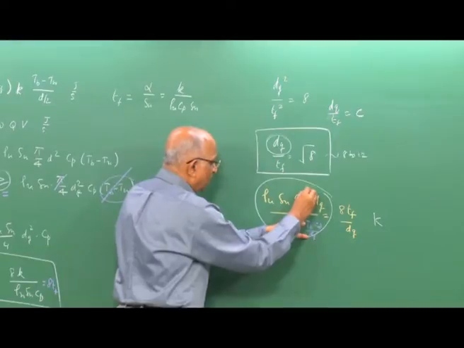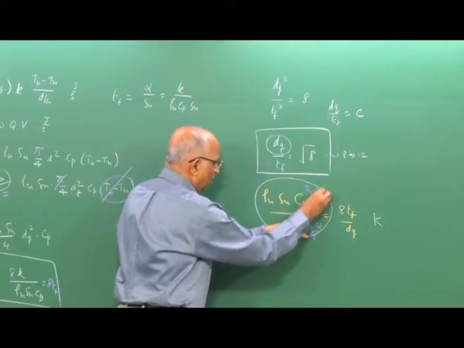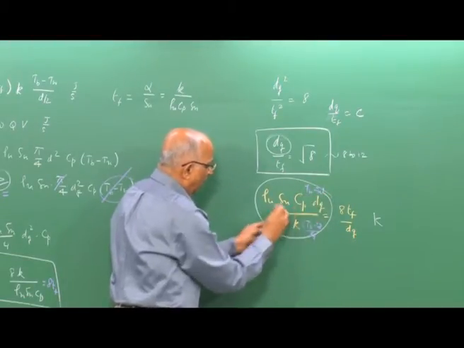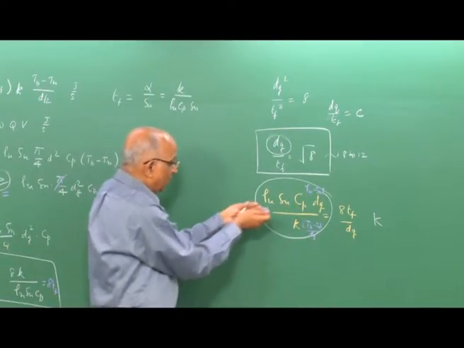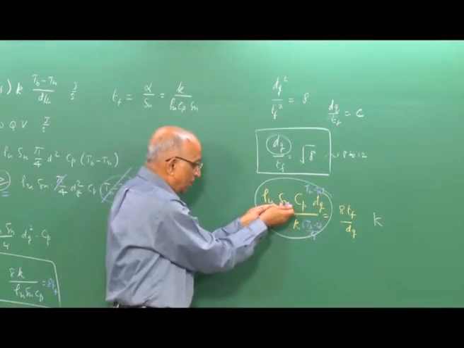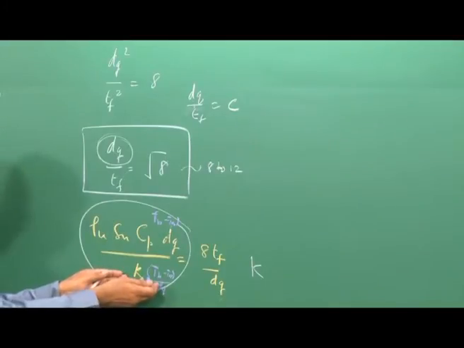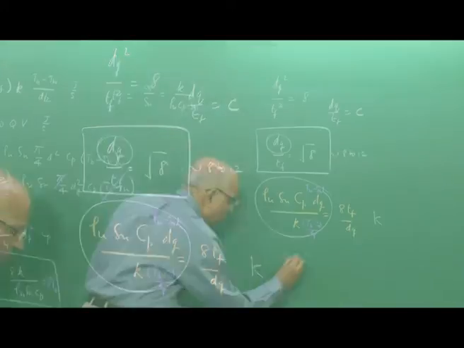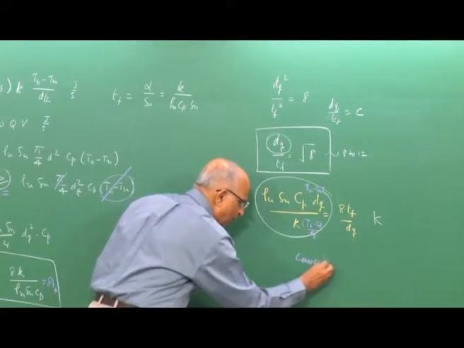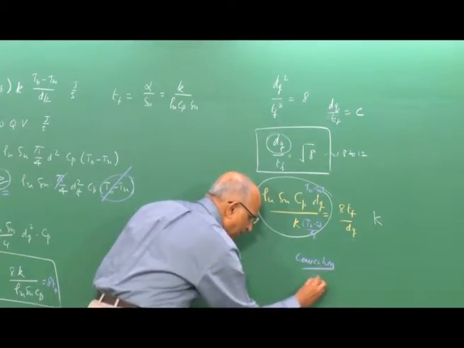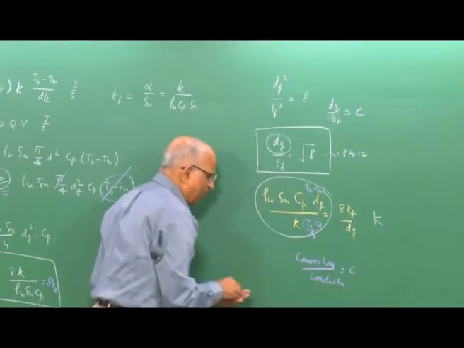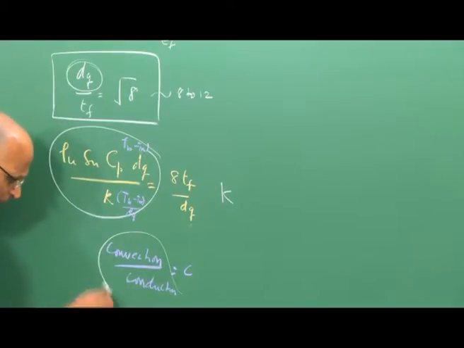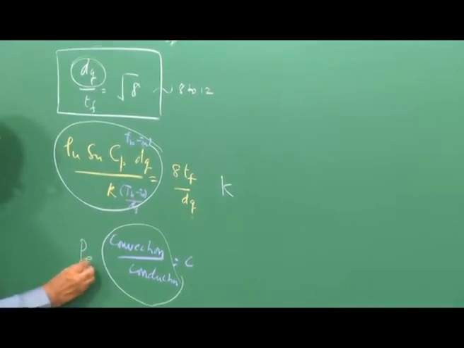And if I multiply the numerator also by Tb minus Tw, I have rho u Cp into Tb minus Tw in the numerator, which is something like a convection, that is, the flame is moving or the burning speed is Su, this is the convection what you have, this is the conduction what you have, and therefore, we are talking of something like a convection heat transfer divided by conduction heat transfer, which gives me a value of C, and this convection heat transfer divided by conduction heat transfer is known as Peclet number.